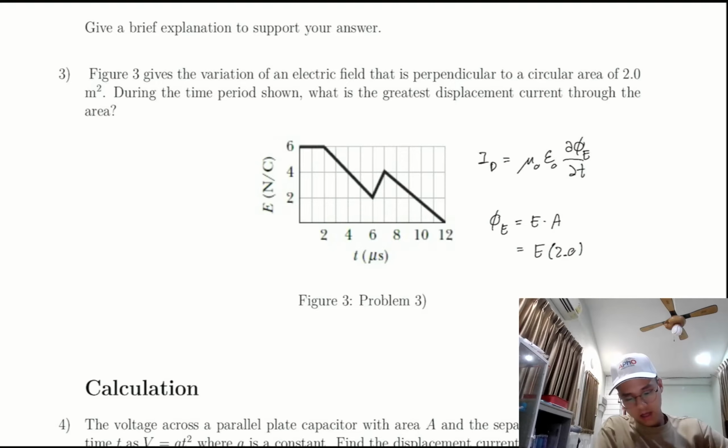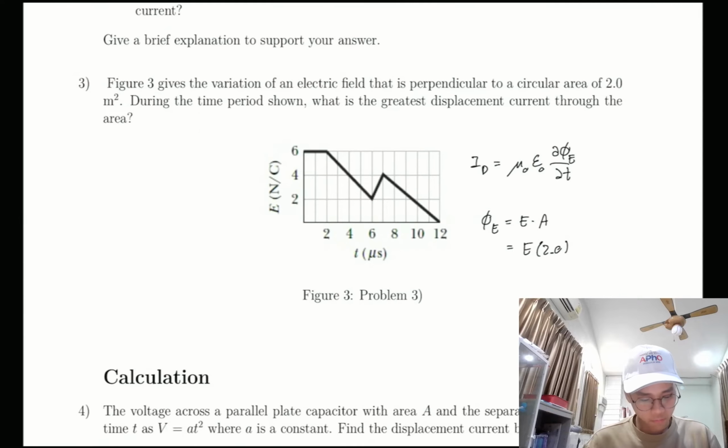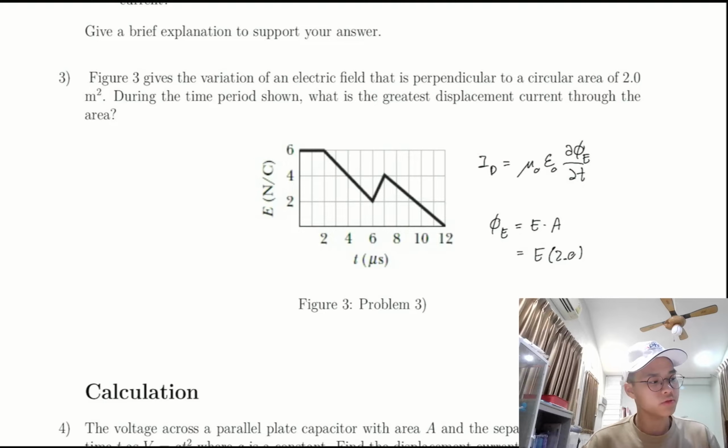It actually shows the value of E, but we don't really care much about it. What really matters is the rate of change of electric field. So you look at the picture, and note that we don't care about the direction of the changing flux. We look only at the magnitude or absolute value.